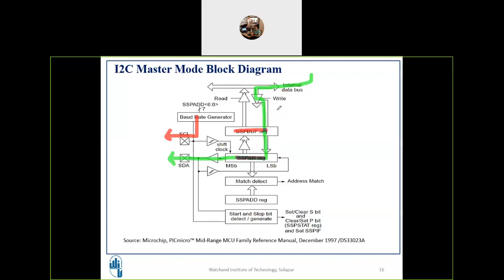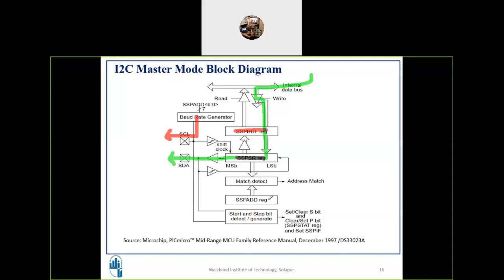Now a few blocks were present in SPI mode also. The only thing is, here you will find one thing called match detect, and match detect is comparing between the SSP ADD register and the SSP SR register. So let us understand when this part is used. As we know, multiple slaves can be connected to a master.